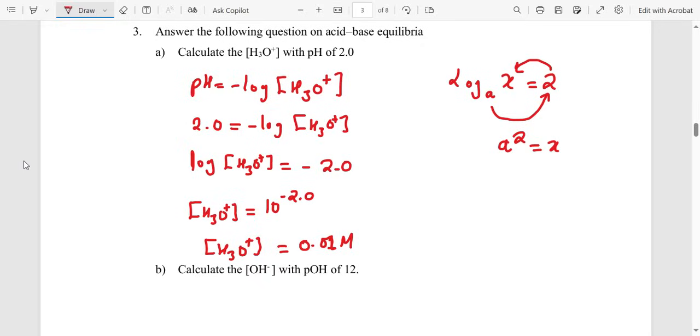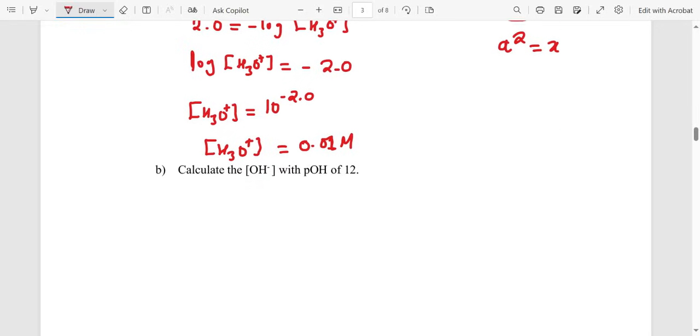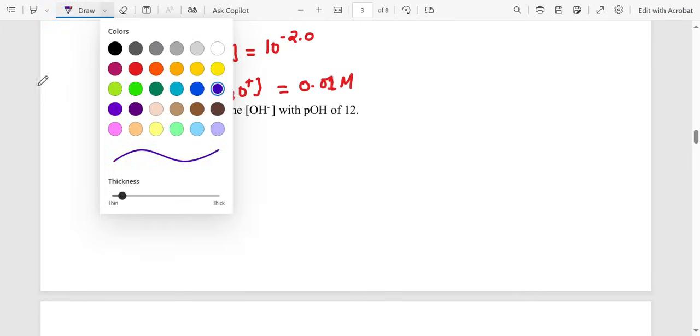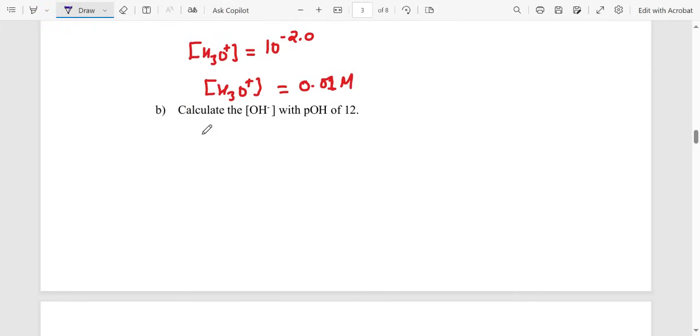Okay, so B is saying calculate the hydroxide concentration with pOH of 12. Again, the pOH is equal to negative log of the concentration of hydroxide.